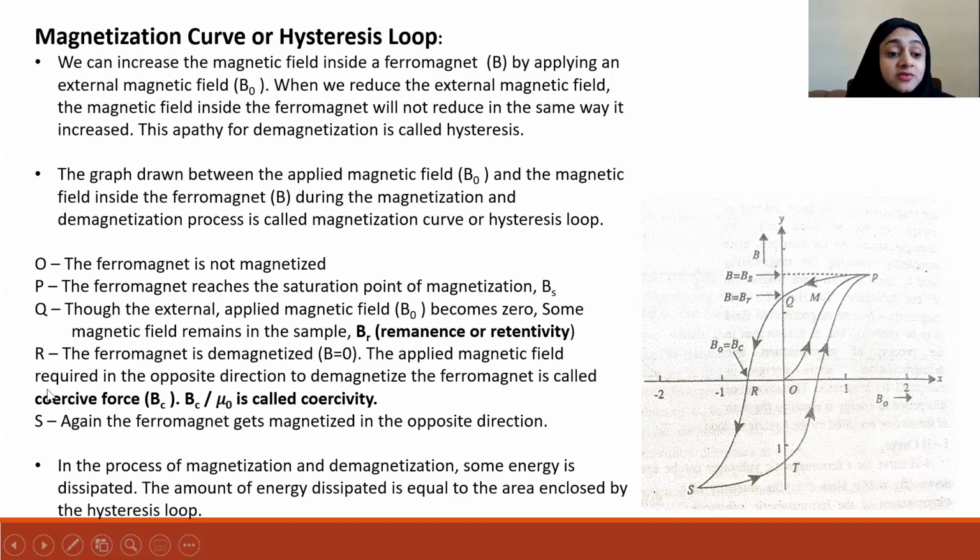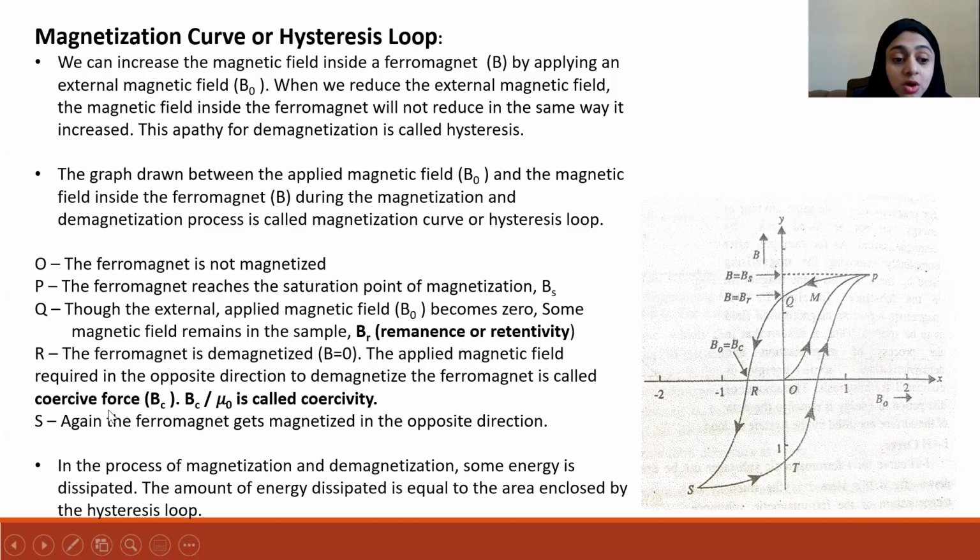The applied magnetic field required in the opposite direction to demagnetize the ferromagnet is called coercive force, represented by BC, and BC by mu naught, where mu naught is the permeability in vacuum, is called coercivity, because we have kept this ferromagnet in vacuum and we are applying the magnetic field in vacuum, but we are studying what happens within the ferromagnet.